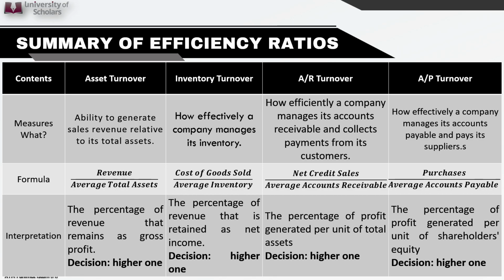It can be interpreted as how quickly the company is able to sell its inventory and restock it. A higher inventory turnover ratio suggests that the company is selling its inventories more frequently, indicating efficient inventory management and a shorter holding period for inventory.